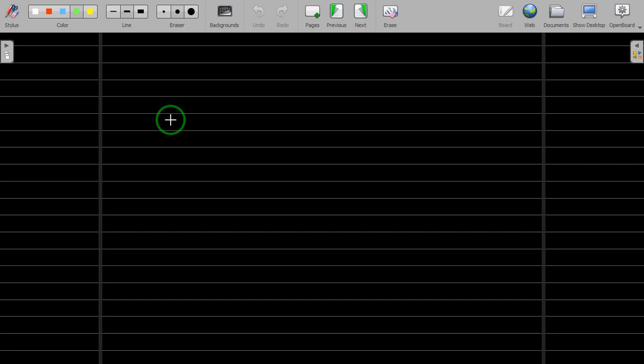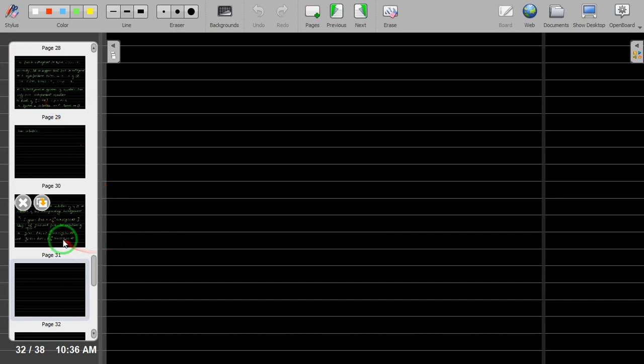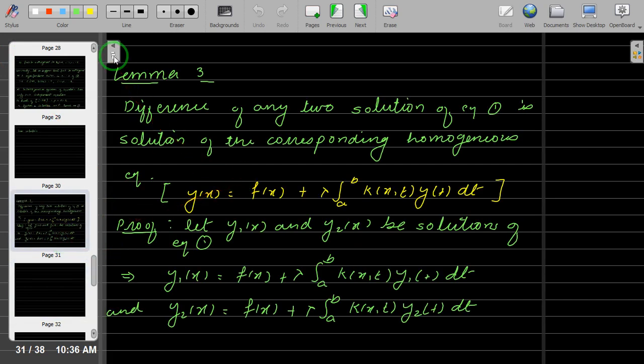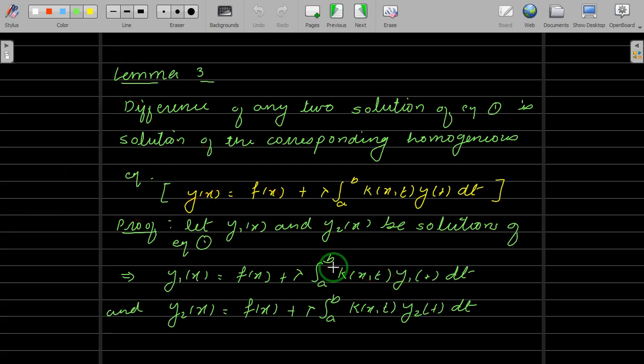We take a difference. If you want, we can mark these equations, say I and II.